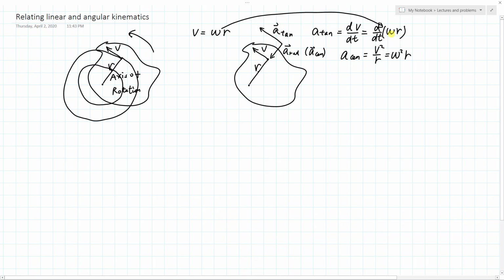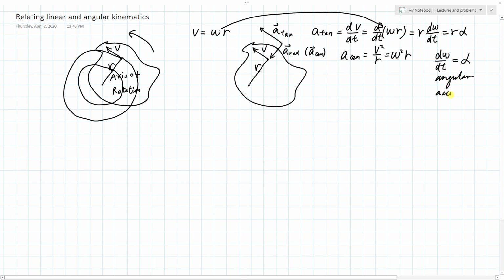But the angular velocity is not necessarily constant in time, and as a matter of fact, we're trying to increase the angular velocity in some fashion over time. So this is r d omega over dt, and d omega over dt is defined as angular acceleration, so r alpha, right?